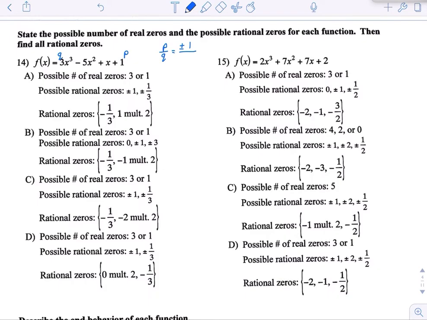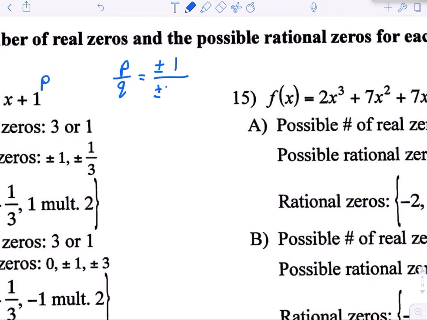The factors of Q's is plus or minus 1 and 3. Okay, so now you gotta divide 1 over 1 plus or minus 1. 1 over 3 plus or minus 1/3.